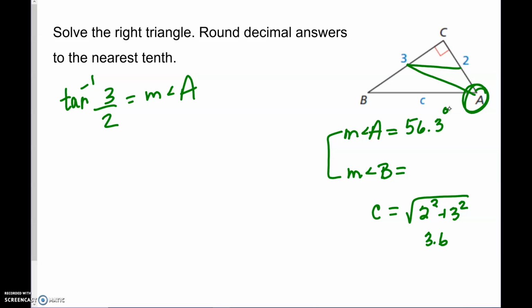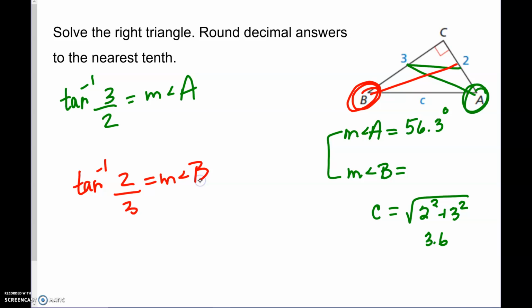Now, I could just subtract from 90 and find out what B is, but I just like to check my math to make sure that I'm doing this right. So I'm going to do the inverse tangent because I'm looking for an angle measure. And from B, opposite over adjacent is 3 over 2, and this is going to give me the measure of angle B. When you check that, this comes out to be 33.7 degrees. And these two are complementary, so I must have done it right.